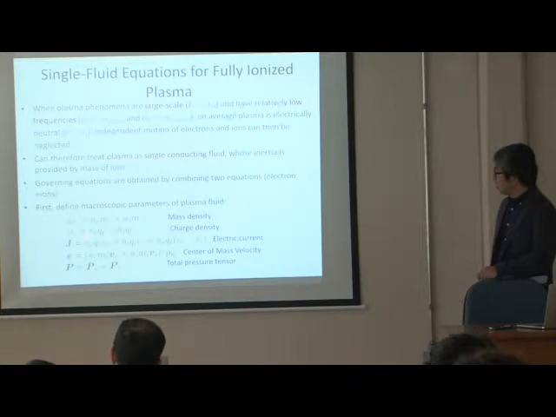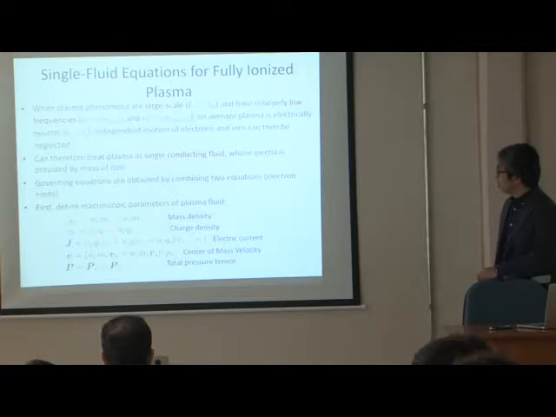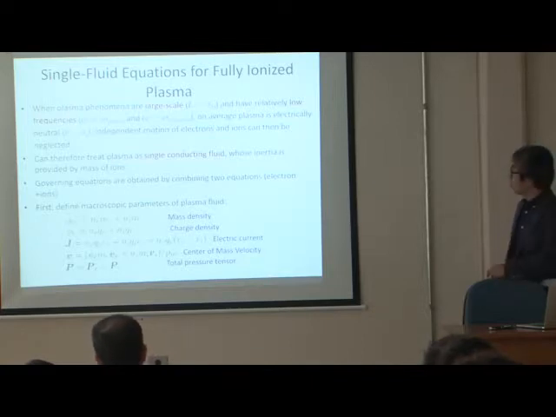This is the charge density. The charge density is rho_e, which is N_e times the charge of the electron plus N_i times the charge of the ion. Then there is the electric current.